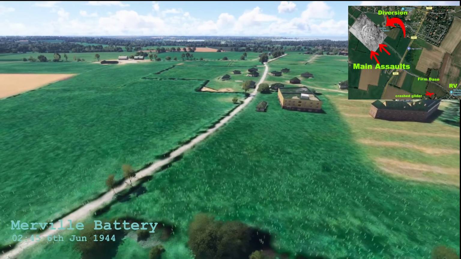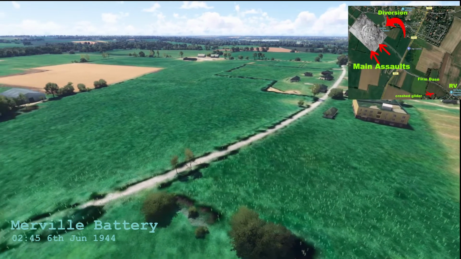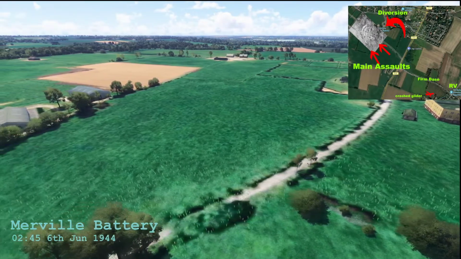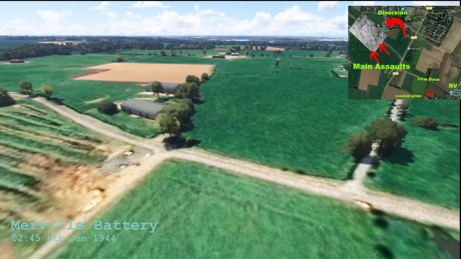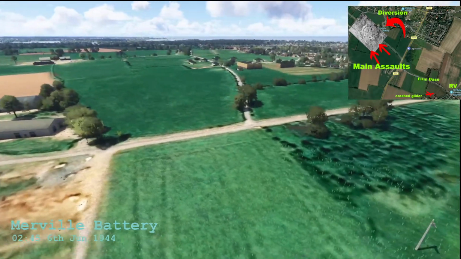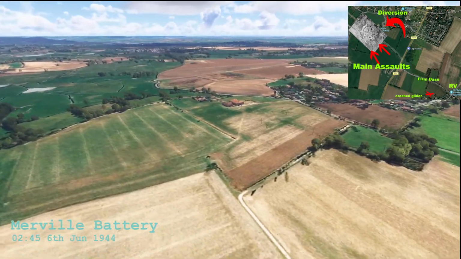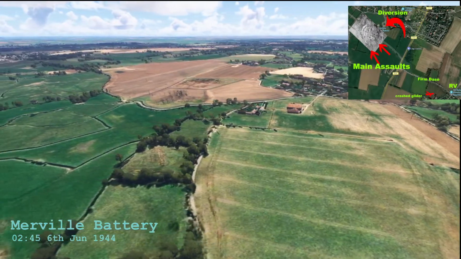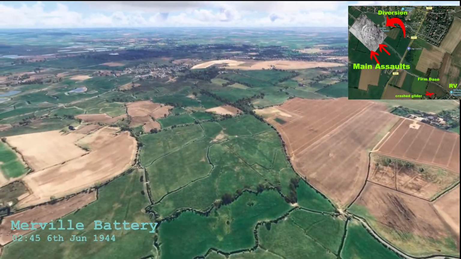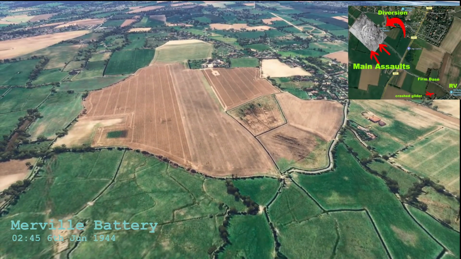It's at this point as well that Captain Greenway tells Otway of the state of the drop. 600 men in the 9th Parachute Battalion dropped in this area, but this was at about probably 1 o'clock.